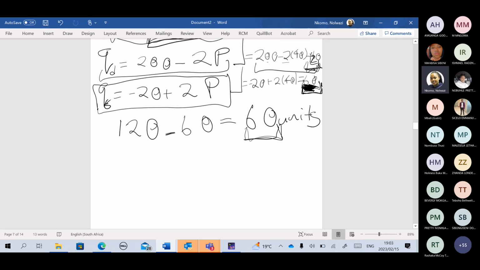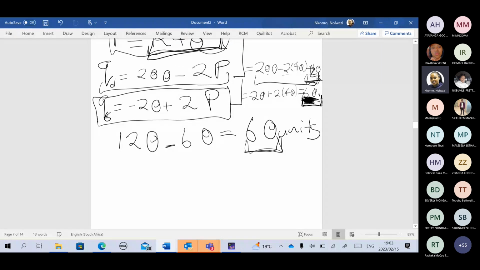So this means you need to go back to your demand function, which is D equals 200 minus 2P, right? And we said the quantity is 60.